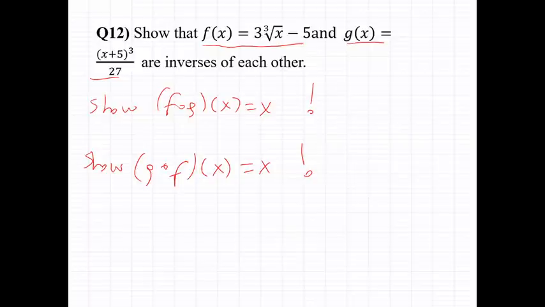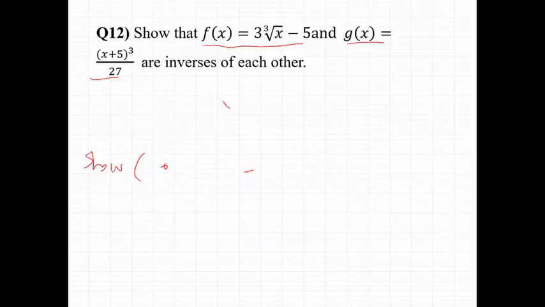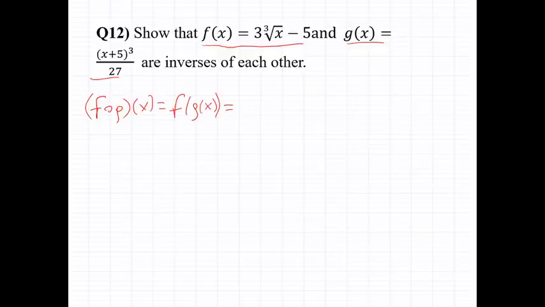Now, let's do this one first. So we basically calculate this one. Now, this will be f of g of x. What is g of x? It's this.